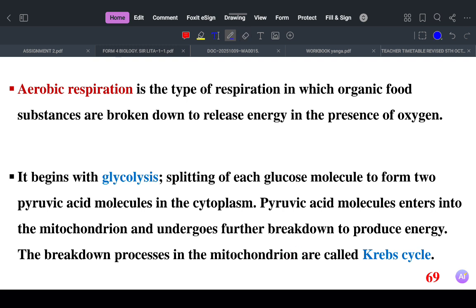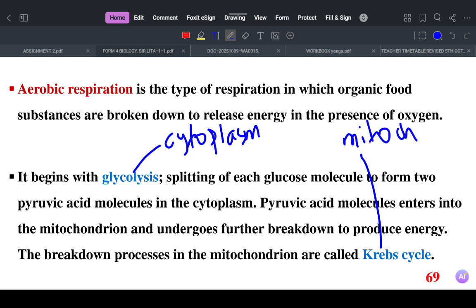So take note of these processes. Remember that we mentioned that glycolysis takes place in the cell cytoplasm, okay? But Krebs cycle takes place in the cell mitochondria. Take note where each process occurs, and I expect you to be able to define these processes very well.